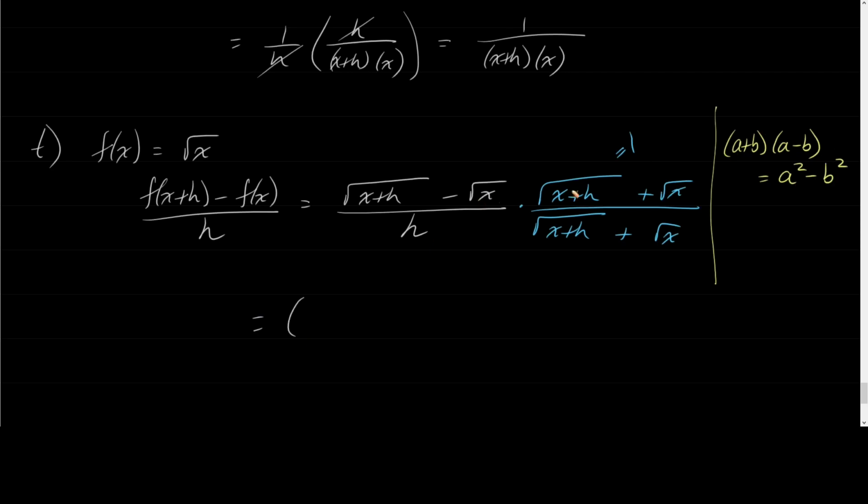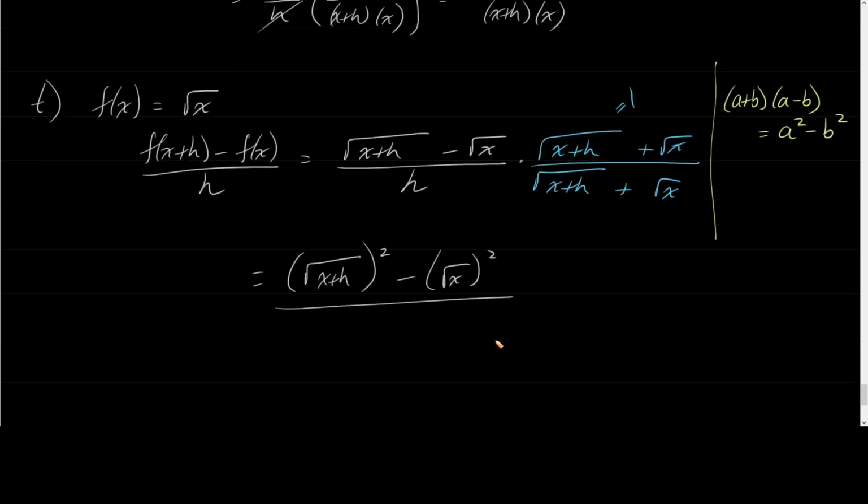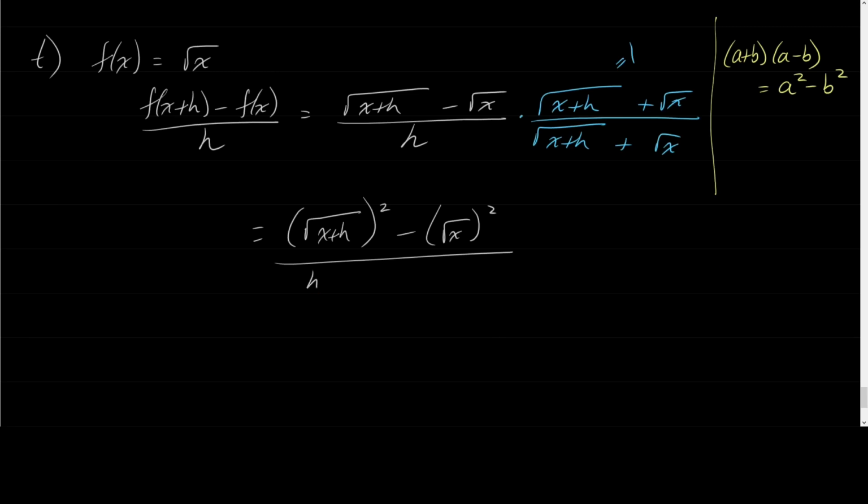The product of conjugates. So, a, which was x plus h, the square root squared, minus the square root of x squared. The denominator, don't expand it, just multiply it out. Just put the multiplication. So h times the square root of x plus h plus the square root of x.